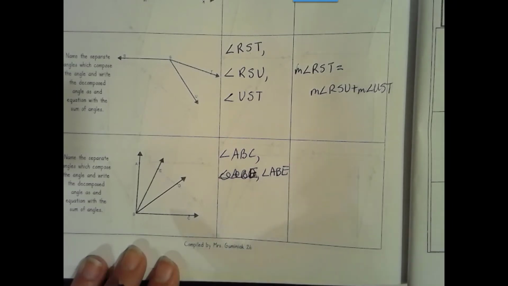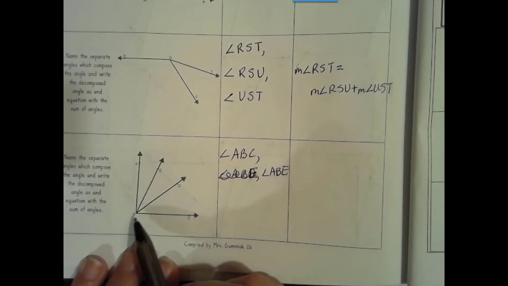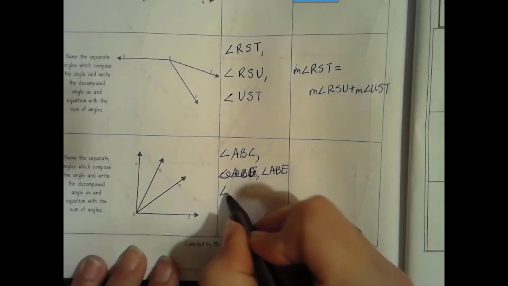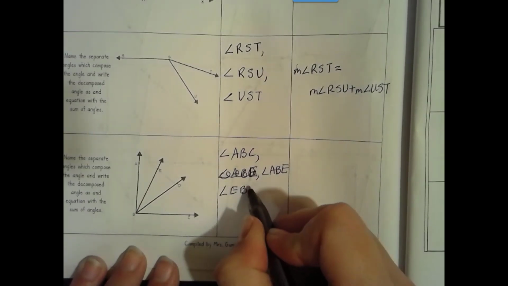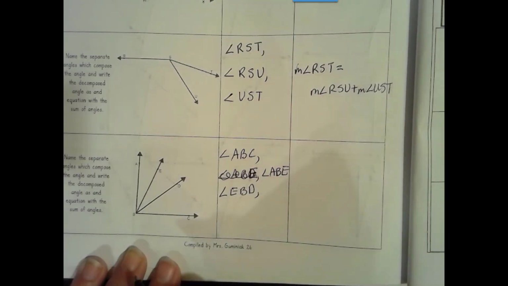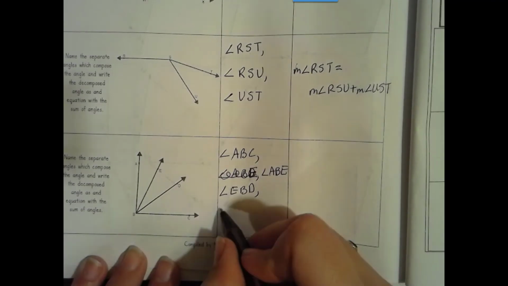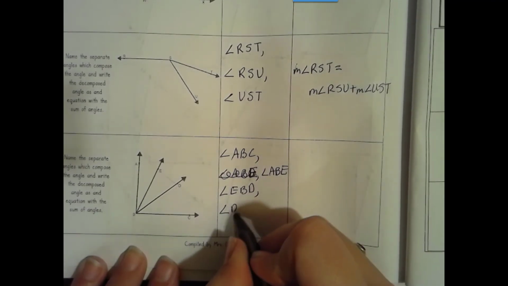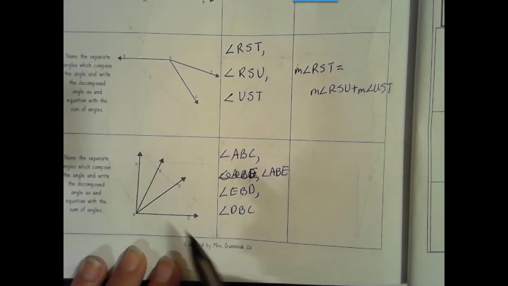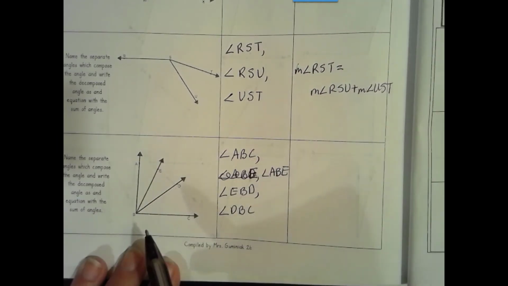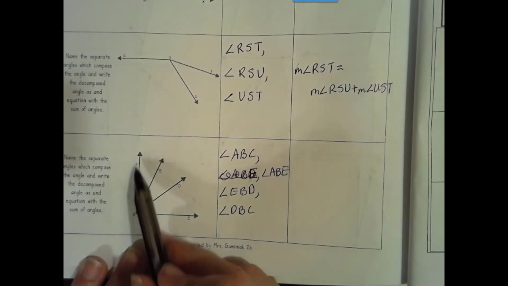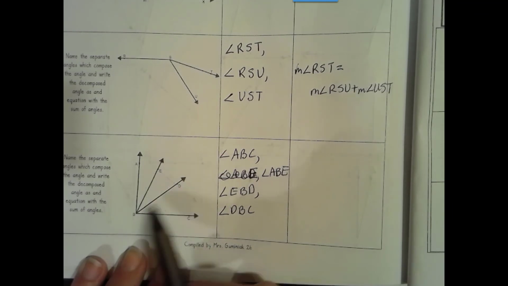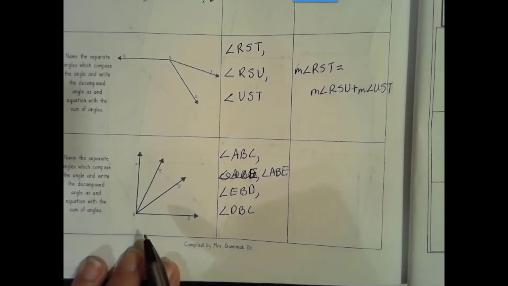Angle ABE, angle EBD or DBE, and then last, angle DBC or CBD. You have to see these separate angles for what we need for our next lesson. So we've got to be able to see the parts to bring them together.